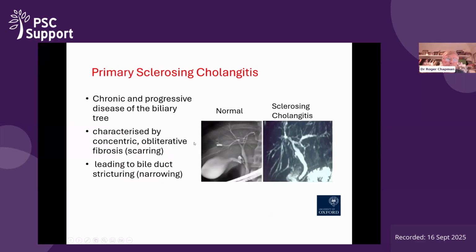So just to remind you and just to define it, it's a chronic disease, which means it's long-standing and progressive. Can be progressive, not always, as I'll explain as we go on. The disease affects, often over many, many years, the biliary tree, and it's characterized by a scarring process in the bile ducts. I'll show you pictures as we go.